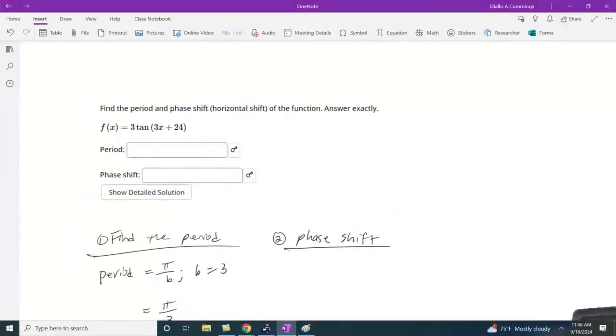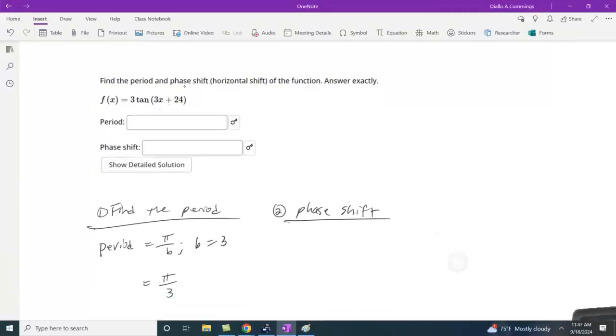Now nothing's going to change with the phase shift. The only thing that changes is the period when you're talking about the tangent and the cotangent. Remember the model: y equals a times the tangent of bx plus c, plus d.